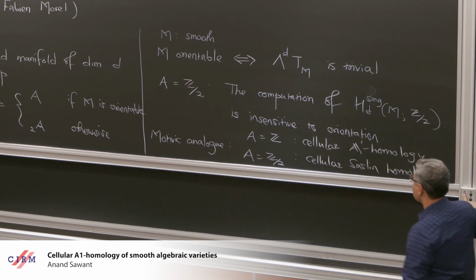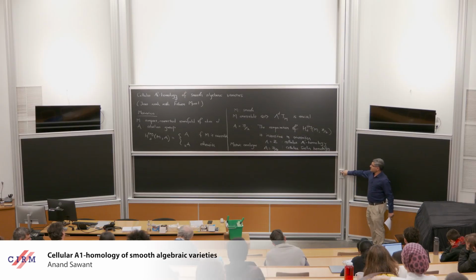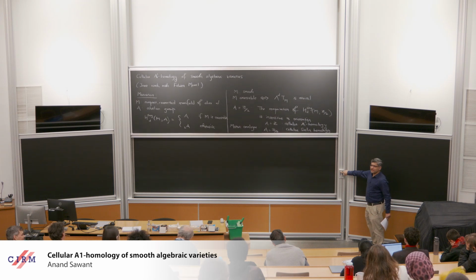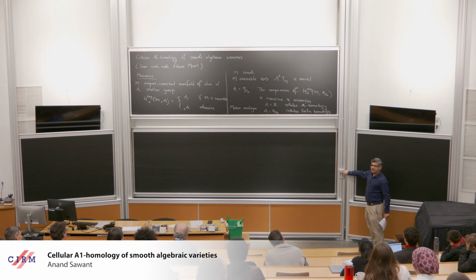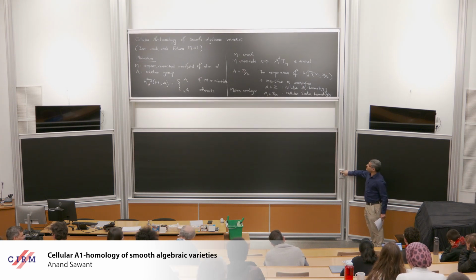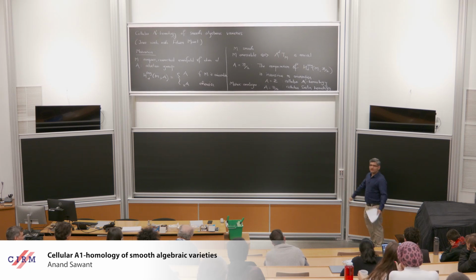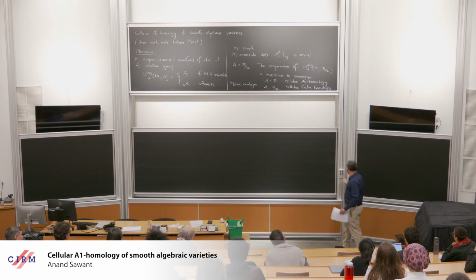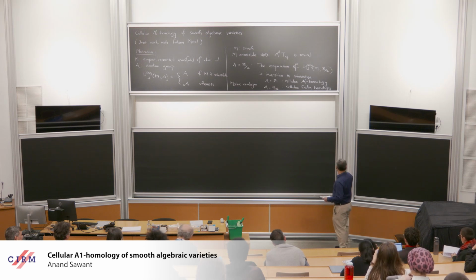The heuristic is that you get DM by going modulo eta in the A1 derived category, and the real realization of eta is 2, and so that's why this dichotomy is there.